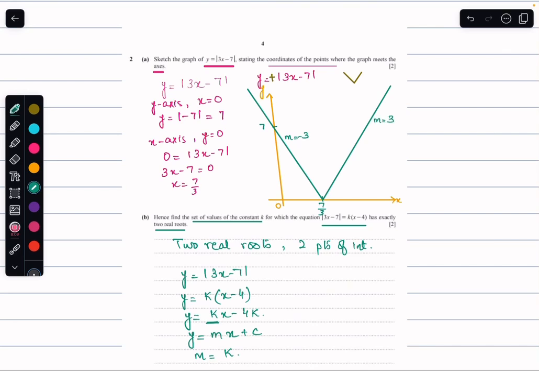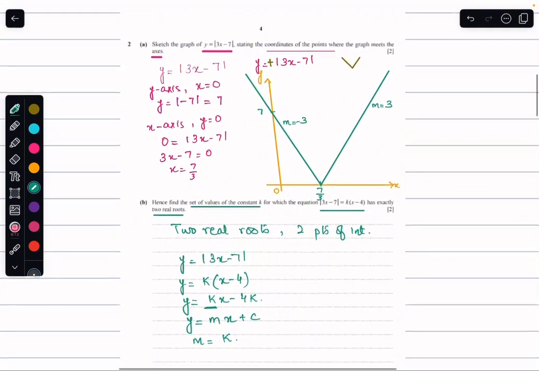After doing that, what I know is that if I have the line y equals kx minus 4k, and my k is the gradient negative 3, then obviously this line is going to be parallel to this part of the line with the gradient of minus 3.